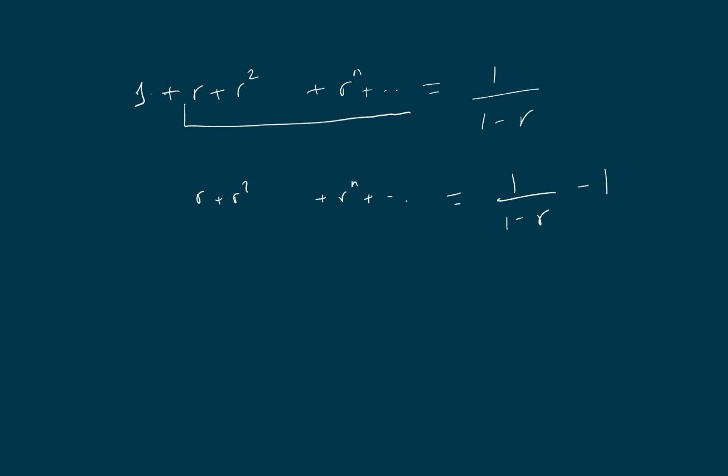So this sum, r plus r squared plus r to the n, and keep going to infinity, is 1 divided by 1 minus r minus (1 minus r) divided by 1 minus r.